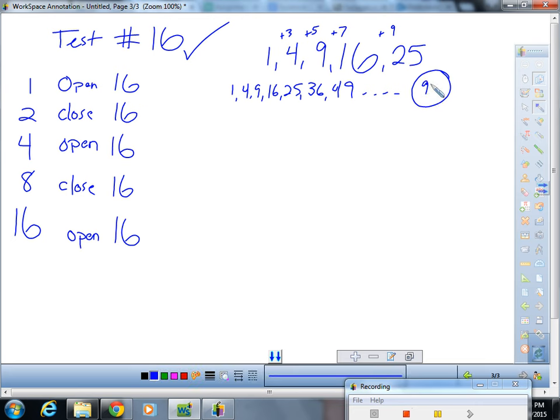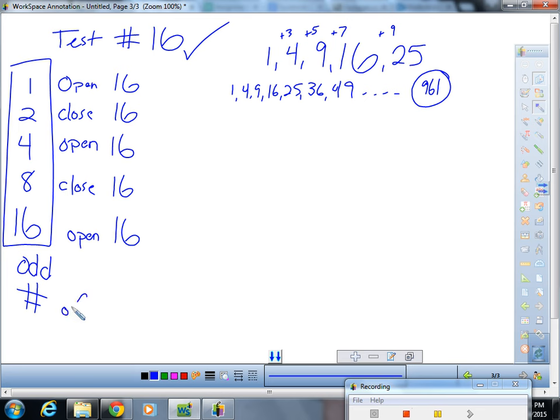Now, why are the perfect squares open? It's because if you look, they have an odd number of factors. Each perfect square will have a factor right there in the middle, whose partner is itself.